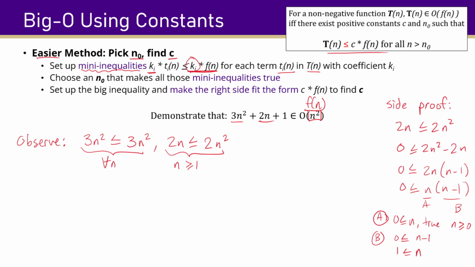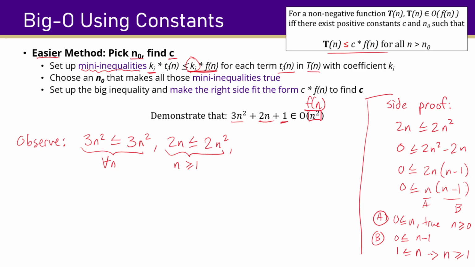That is able to become an inequality of this form right here. And so that is, of course, true when n is greater than or equal to 1. So we can show that this right here is going to be true for n greater than or equal to 1. But that's pretty trivial, so we're just going to go ahead and assume that we can figure that out.